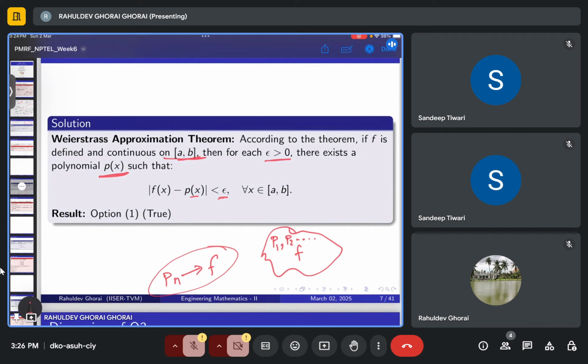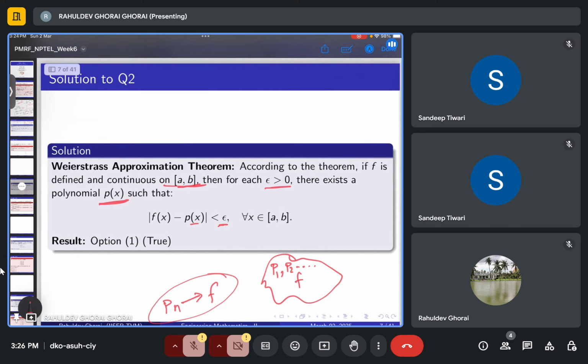Means at the boundary point it should not be continuous, but in the open interval it is continuous. Then it might not be possible to approximate by a polynomial. Because you will see, if you have a discontinuity like this, let's say it is 1 to 2.